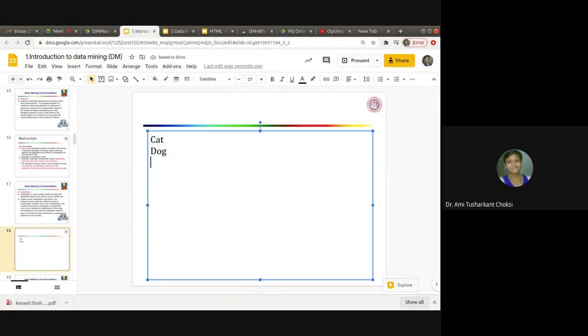So whatever data set we are having, in that we do have cat or dog, right? And if we are not able to put it in the cat category, and not able to put it in the dog category, then it is called an unknown animal, isn't it?